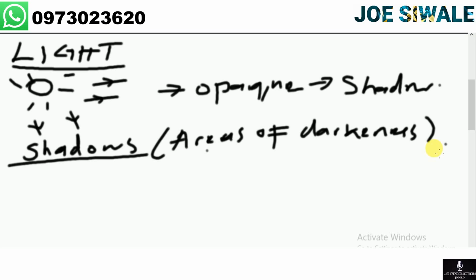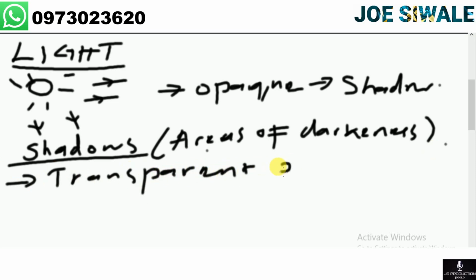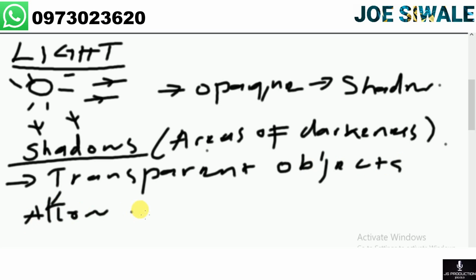The next thing we're going to look at are objects that allow light to pass through them, and these are referred to as the transparent objects. These do allow light to pass through them. An example of a transparent object is glass.